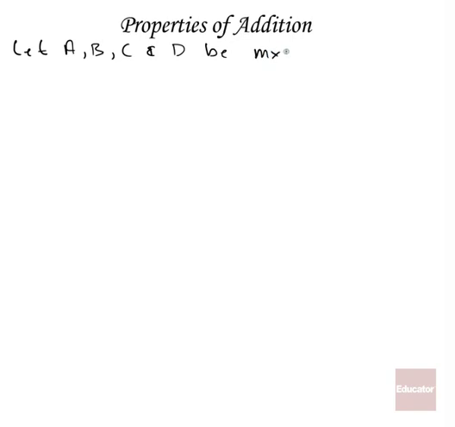More specifically, we want them to be actually m by n matrices. And again, remember that we're using capital letters for matrices, and usually when we talk about vectors, which is an m by 1 or a 1 by n matrix, then we'll usually use a lowercase letter with an arrow on top of it. But capital letters for a standard matrix. So let A, B, C, and D be m by n matrices.